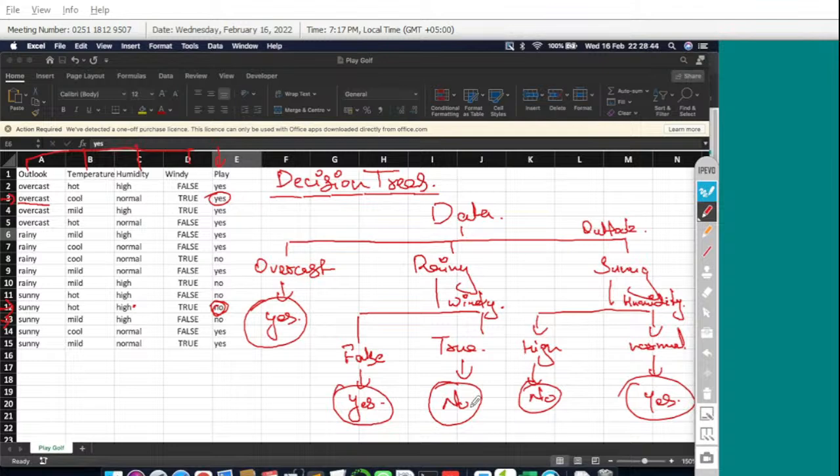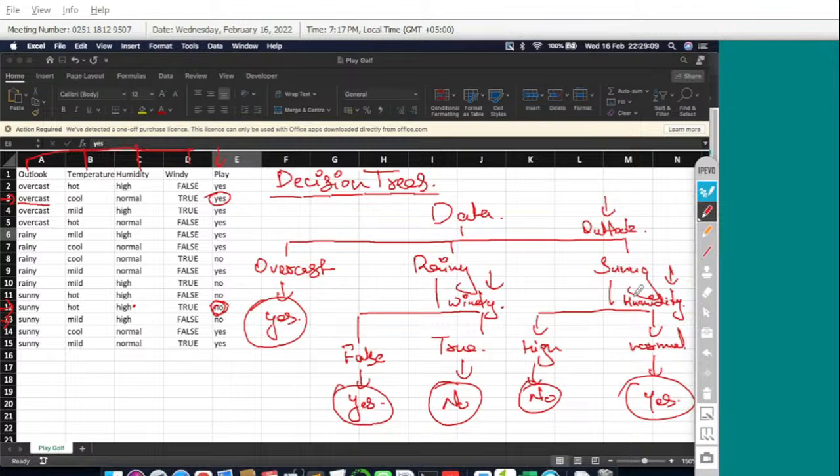Now what we need to understand is how exactly we got to know that we need to look for the outlook first, then we need to look for humidity, or we need to look for windy. How exactly did we decide this split, right? Here is a split on outlook. After rainy, there is a split on windy. After sunny, there is a split on humidity. How exactly are we going to decide the split?